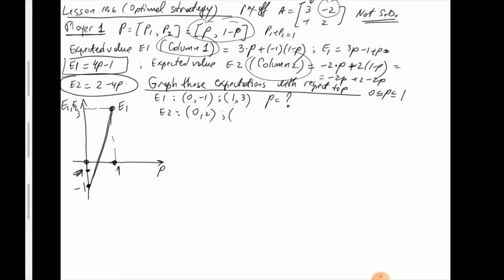And if P is 1, the E coordinate is -2, right? So it's going to be 0 and 2. 2 is over here, maybe. And then if P equals 1, that's going to be -2. So E2 will be like that.